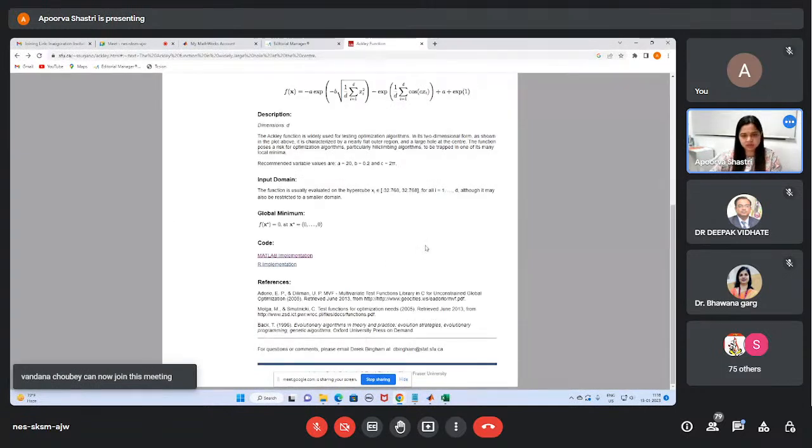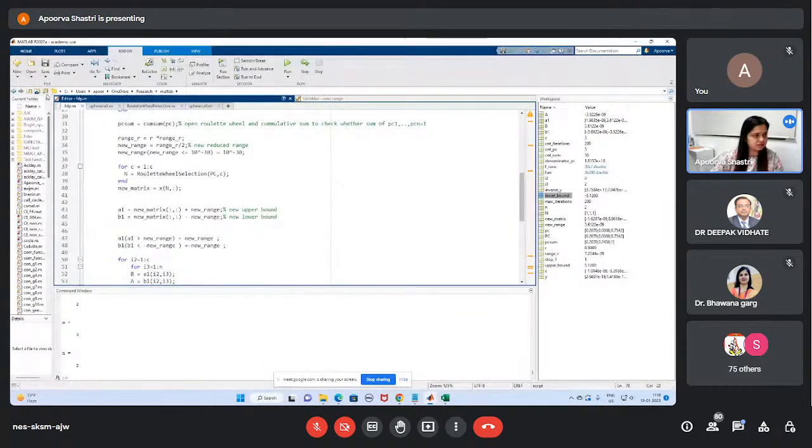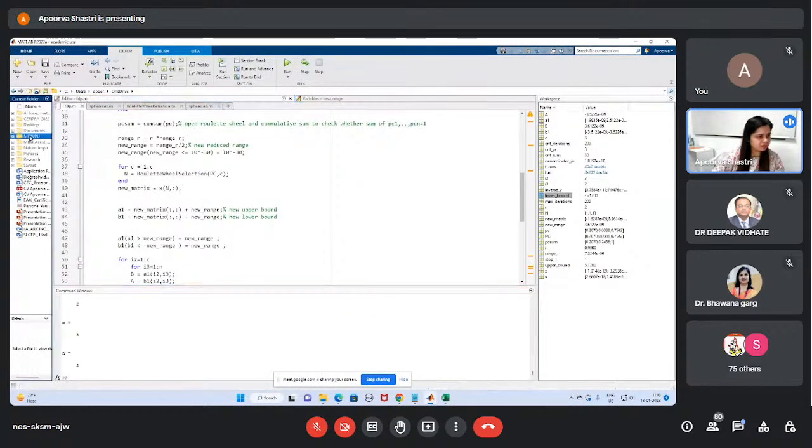That's not an issue. The number of dimensions we can keep right now at 2, we can increase it to 30 also. There is an Ackley code which I have already written in MIT FDP. Can anyone see it? Yeah, this is the Ackley function.